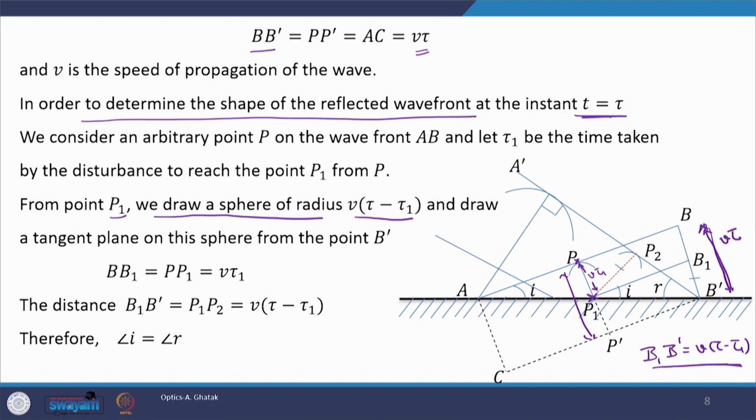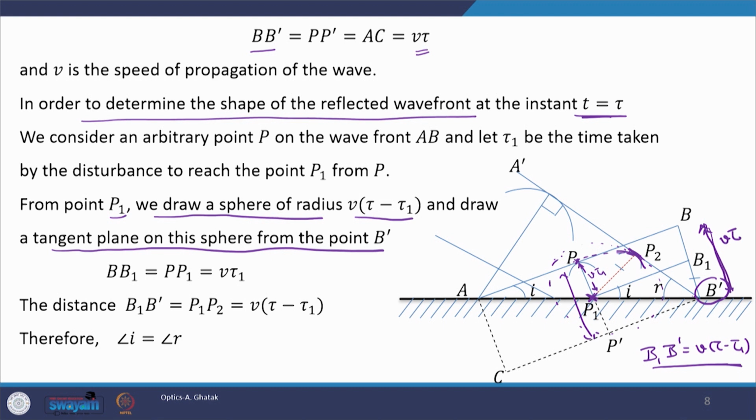And once the sphere is drawn, we will draw a tangent plane on this sphere from point B prime. Now, from P1 we drew a sphere, and with this sphere we drew a tangent, and this tangent is touching this sphere at point P2.